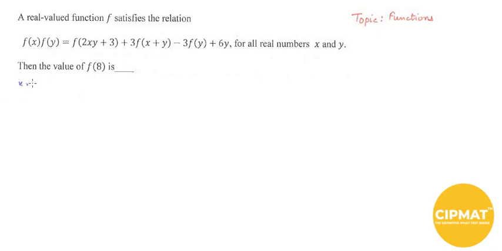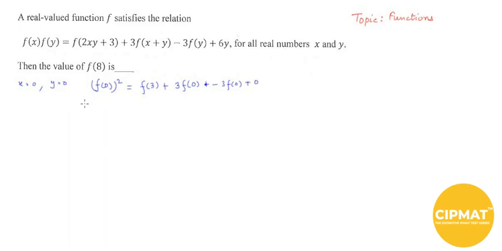Let's put x equals 0 and y equals 0 in this functional equation. So we will get f(0) squared is equal to f(3) plus 3 times f(0) minus 3 times f(0).